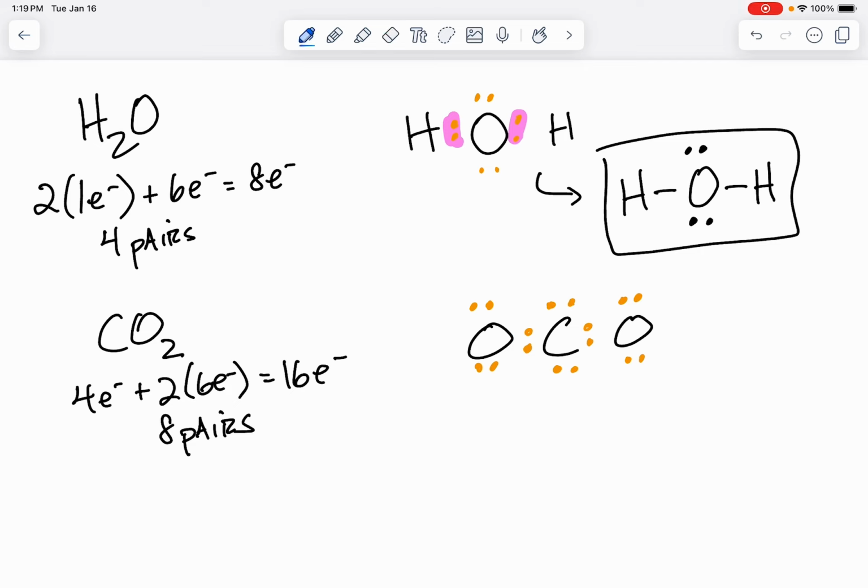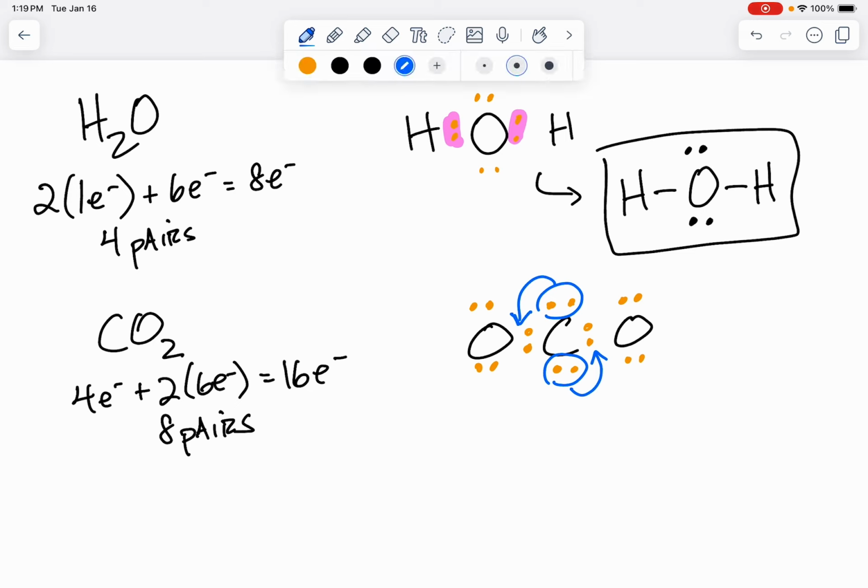So we're actually going to move some of our lone pairs of electrons around the carbon and just make them bonding pairs. So if I take, and it doesn't matter which, this unbonded pair on top of carbon to the center, then we're going to have an octet for the oxygen on the left. And then to get an octet for the oxygen on the right, we're going to also move another pair of unbonded electrons around the carbon to the center.